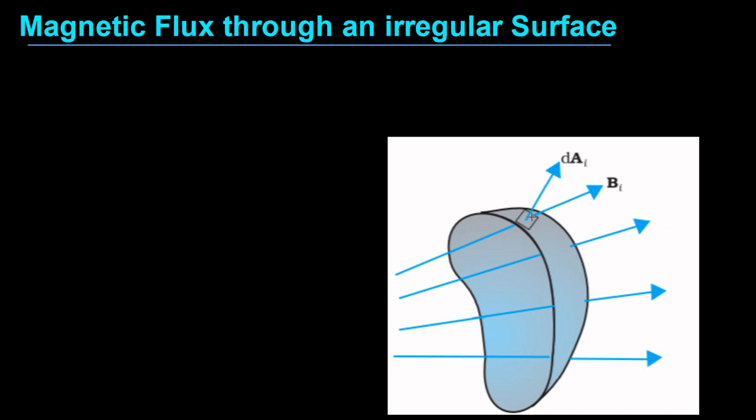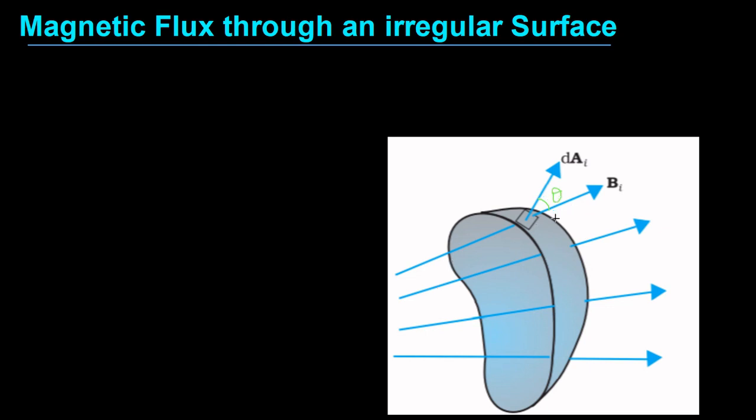Through this, let Bi be the magnetic field which passes through the surface area dA. dAi is making an angle theta with this magnetic field Bi.